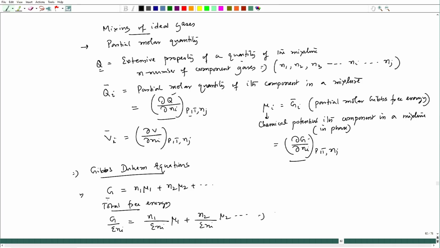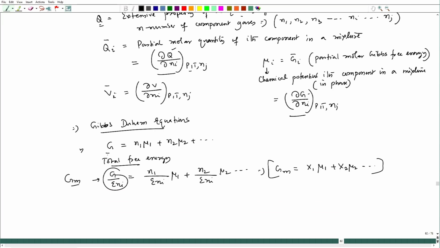So, it can go down to, that time this becomes G m, the molar quantity, which should be equal to x 1 mu 1 plus x 2 mu 2. I can write this. Hence this Q is the total extensive property of that mixture.